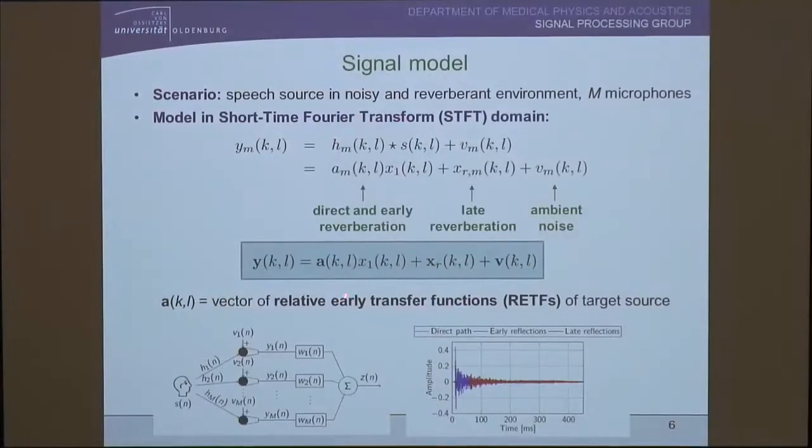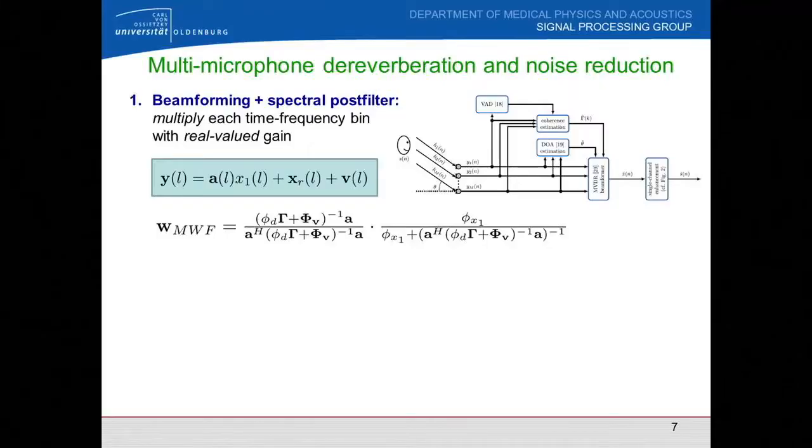Now, depending on the model we take, actually, this one or that one, there are different kinds of algorithms that can be derived and that are quite common to use for joint dereverberation and noise reduction. If we start with the steering vector model, let's call it this way, then we can derive very traditional algorithms like beamforming and spectral post-filter, where first all the microphone signals are combined with a beamformer, and then a spectrotemporal post-filter is applied to the output of this beamformer.